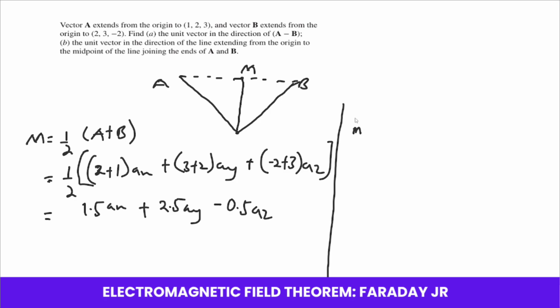Okay, so now we want to find the unit vector of this M. The unit vector of M is equal to M over its magnitude.